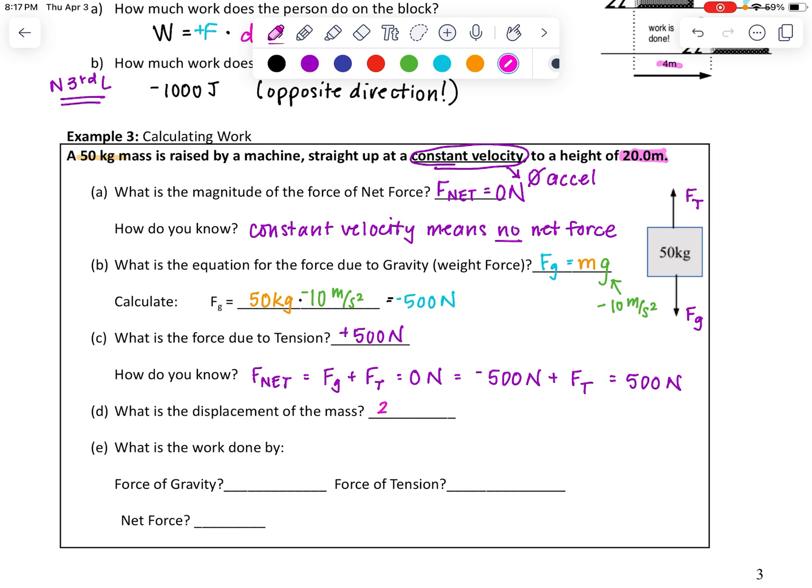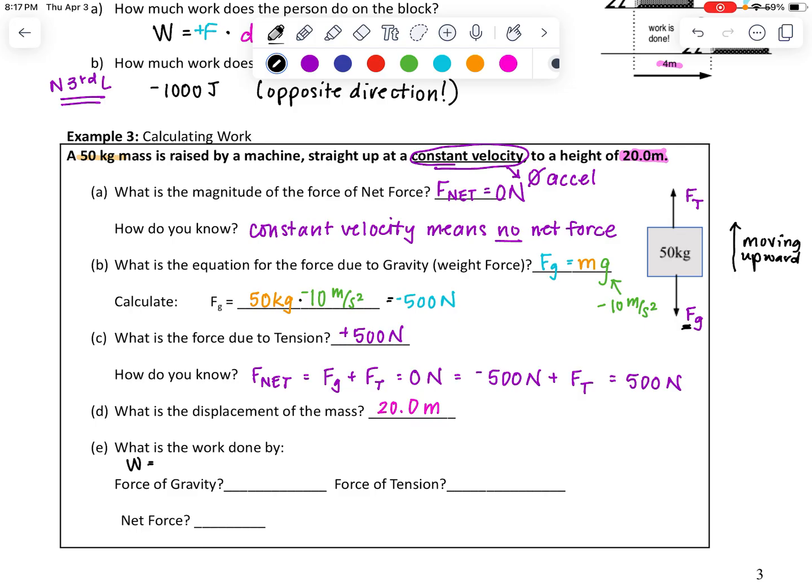What is the displacement of the mass? The problem gives us that, 20.0 meters, okay? What is the work done by the force of gravity versus the force of tension? Well, remember, gravity is opposite the motion. We know that the object is actually moving upward. So the force of gravity is opposite the motion.